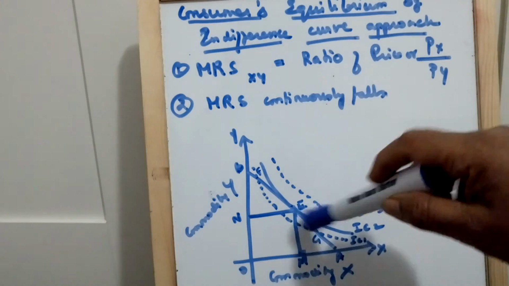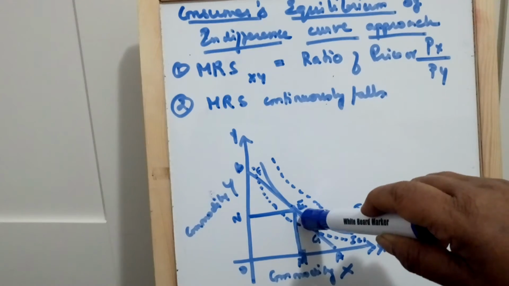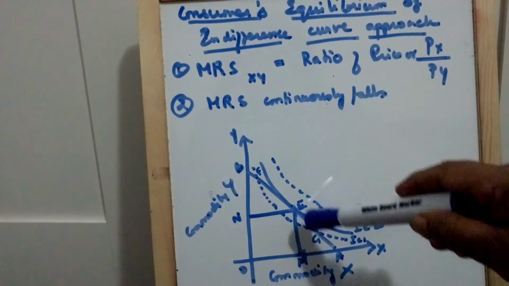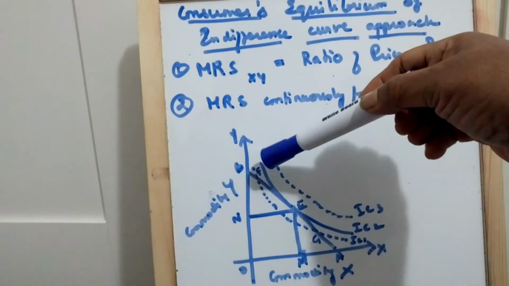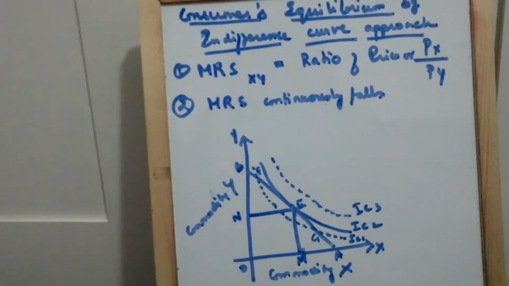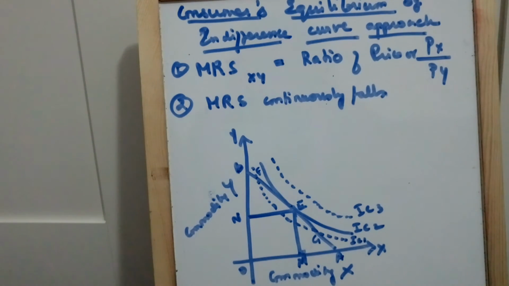So I'll explain where the equilibrium point is and how the indifference curve starts falling down. So if both the conditions are fulfilled, then the consumer is at equilibrium. Now, let's see the diagram here.